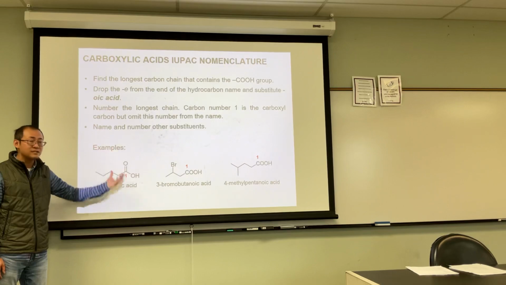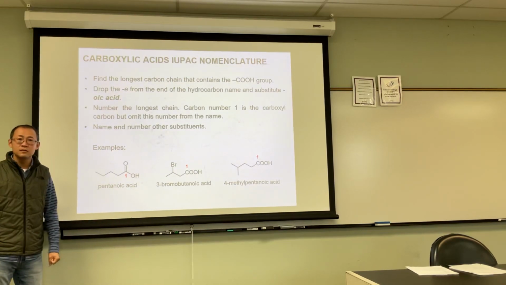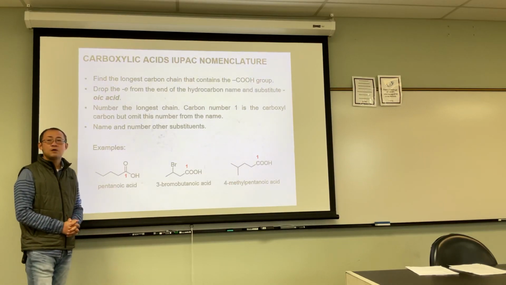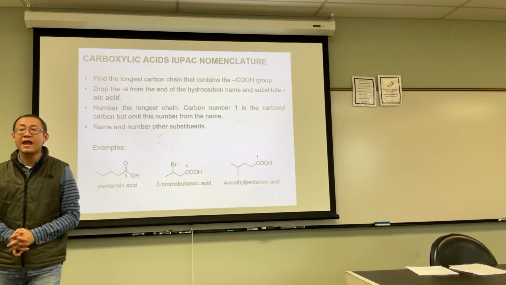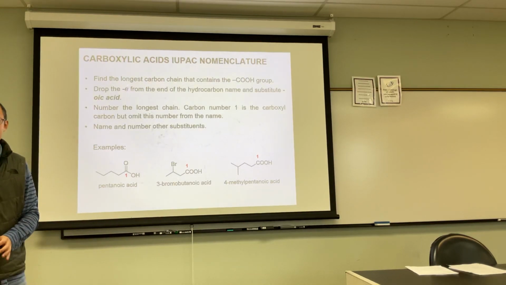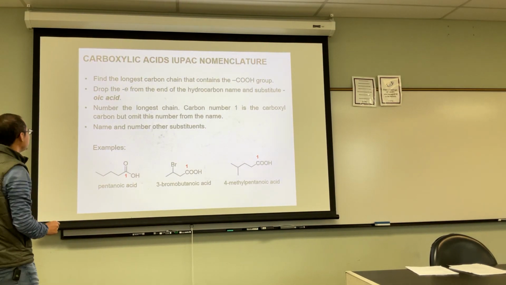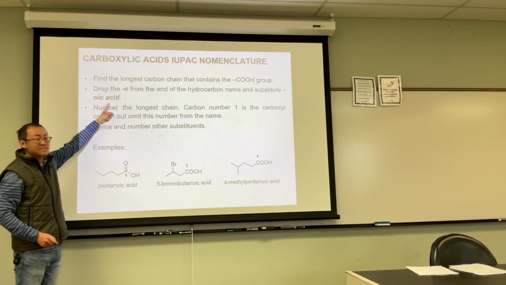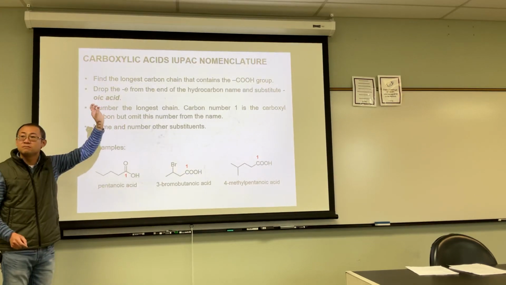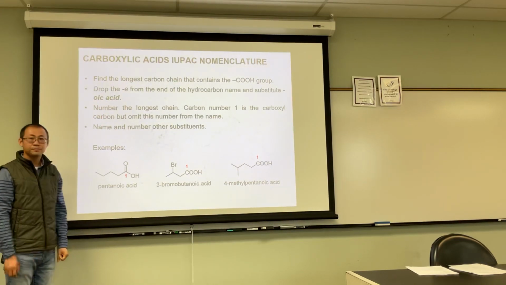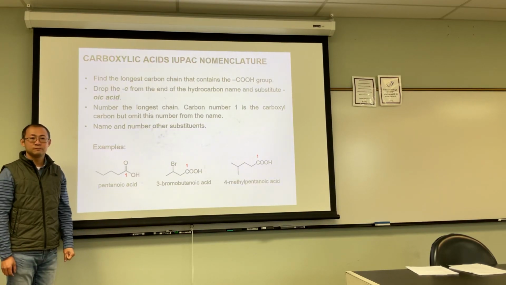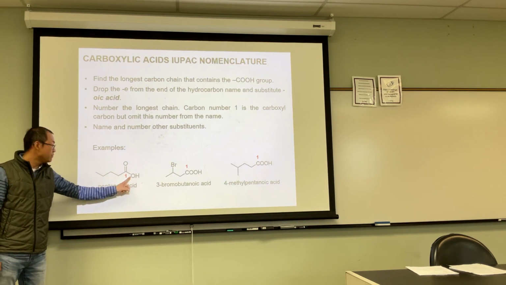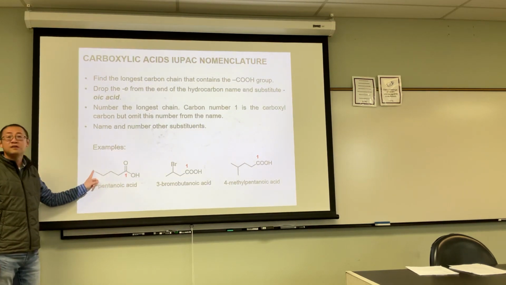Other than that, the naming is very straightforward. The name of a carboxylic acid is simply replacing the last E of the alkane with OIC acid. Between OIC and acid, there's a space. So for example, for this molecule, the number of carbons in the chain is 1, 2, 3, 4, 5.